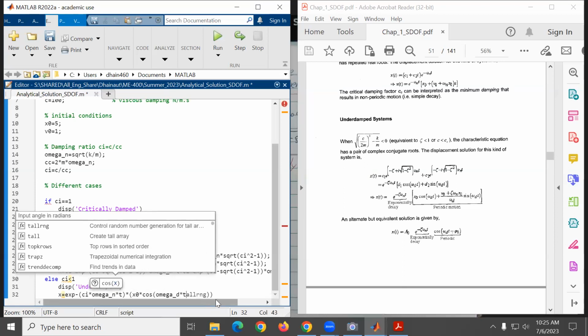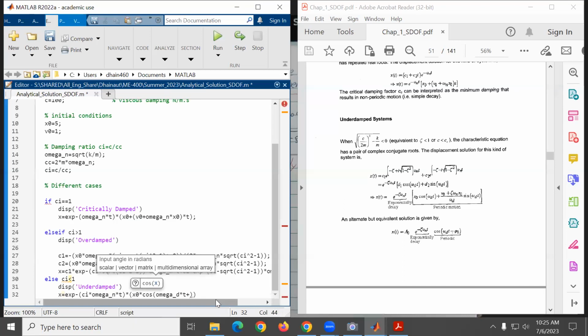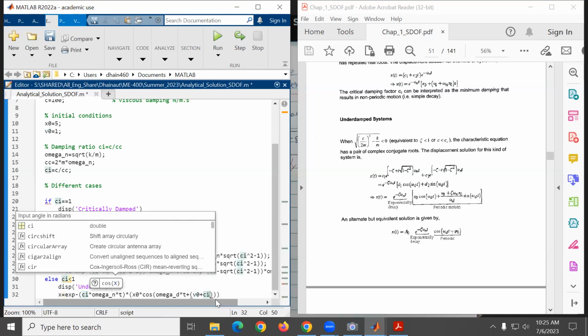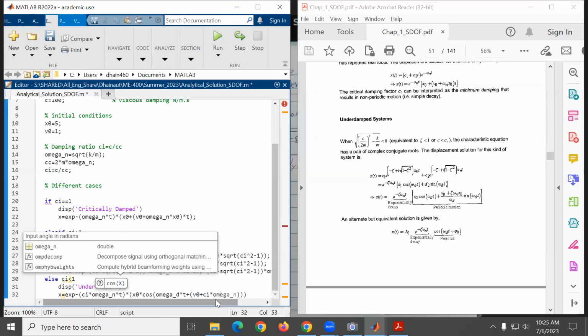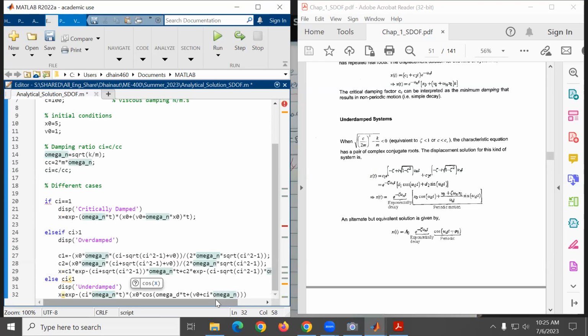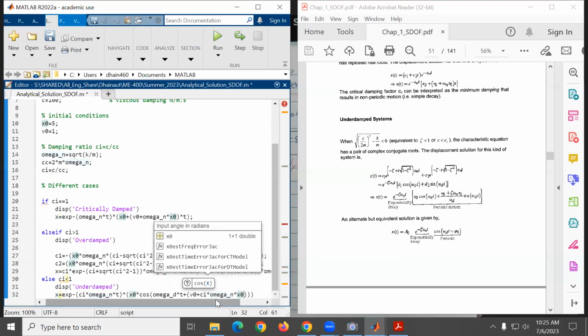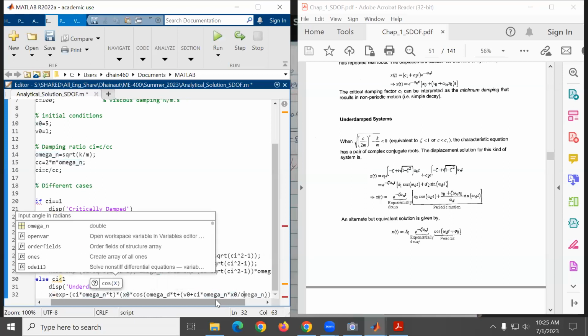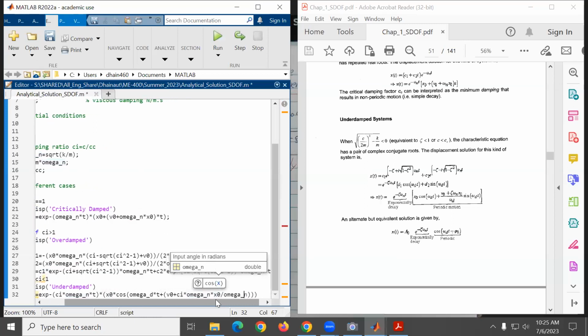So we need to define this one here anyway. Plus d naught plus C times omega sub n times x sub naught divided by omega t.